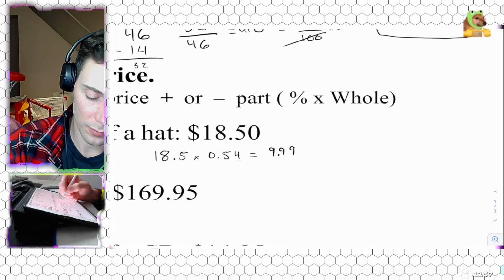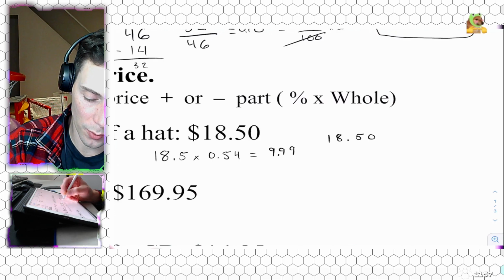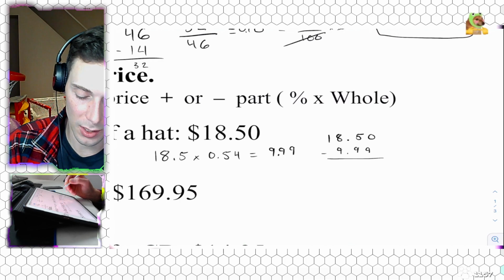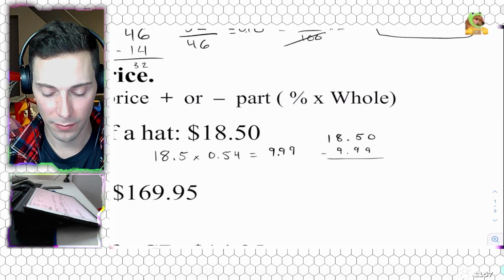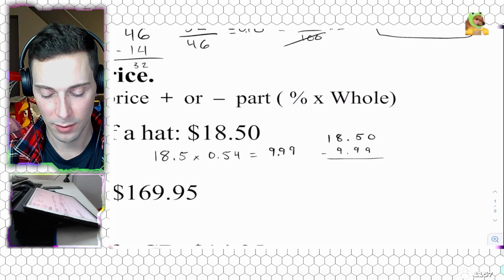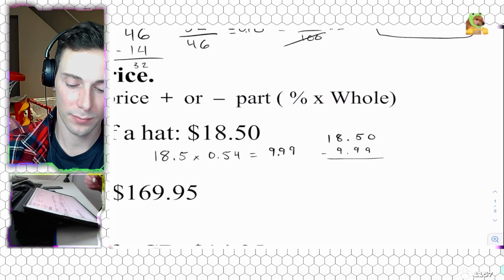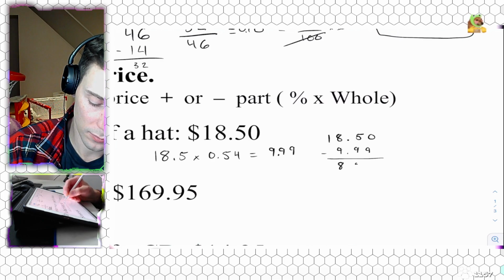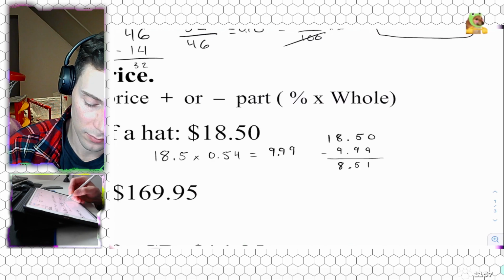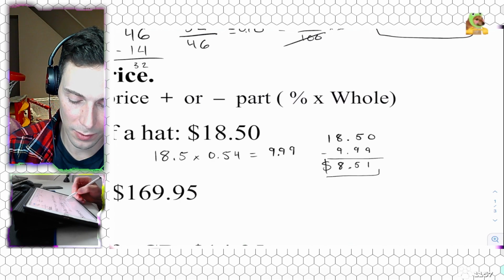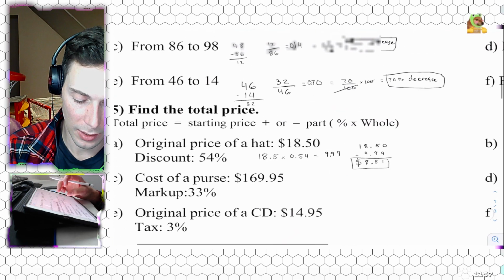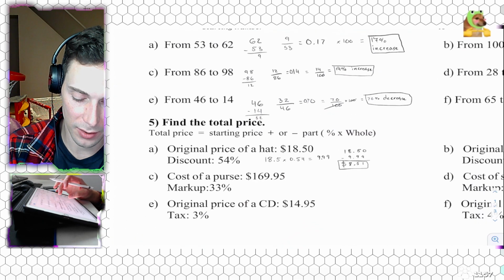Now, 18.50 subtract 9.99 is going to be equal to, let's say that's 9.50 minus 99 cents, $8.51. That's the price after a 54% discount.